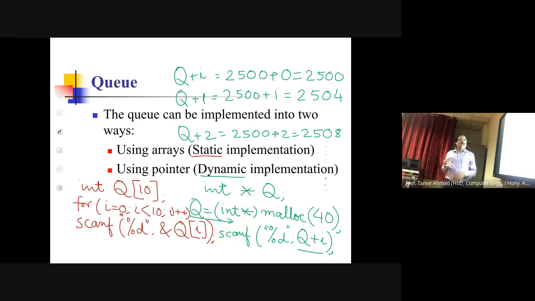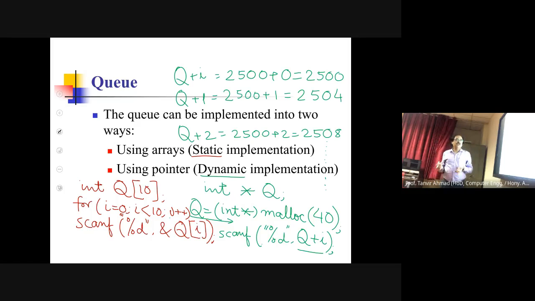Now, this will answer my question from the last class when you asked what a void pointer is. Now tell me, if Q were a void pointer, can I write like this without knowing the type of data stored at that location? That means, how can I know whether 2500 plus 1 will be 2501 or 2 or 4 or 8 or anything?